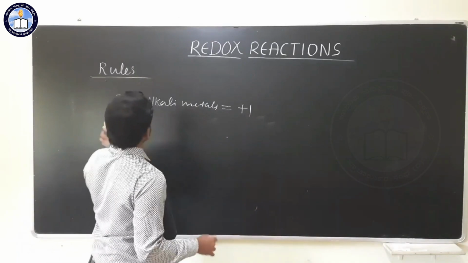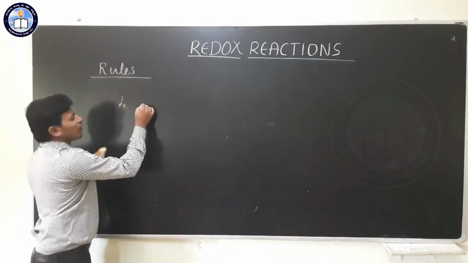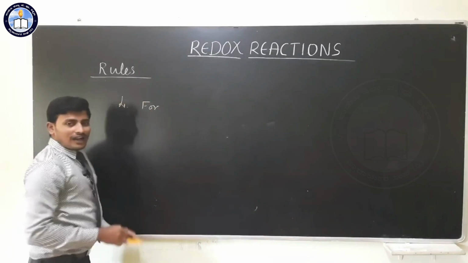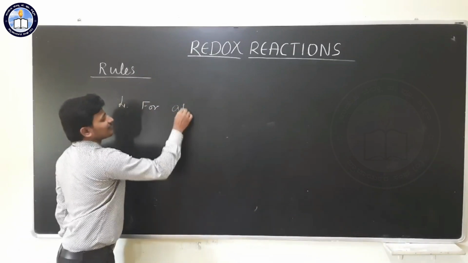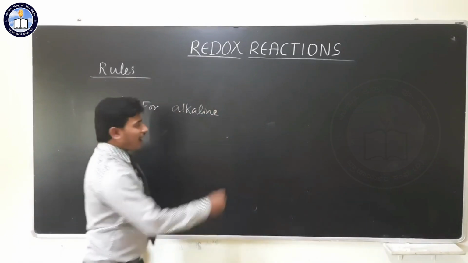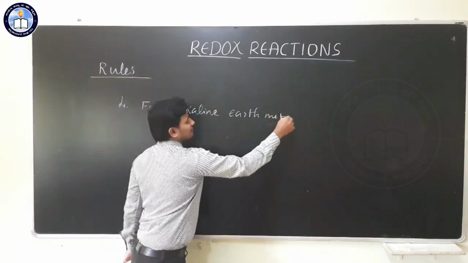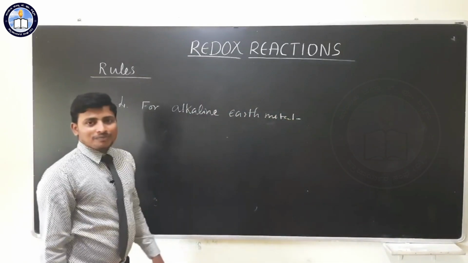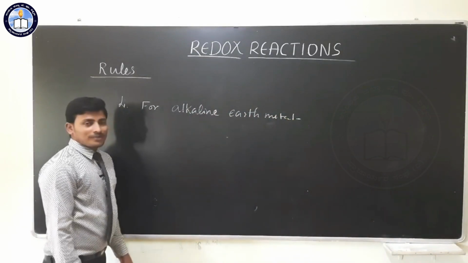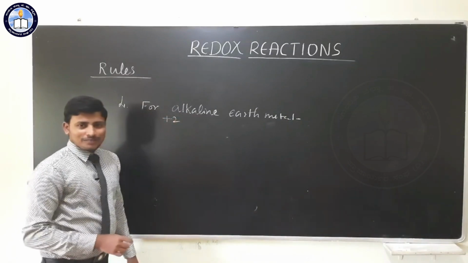The fourth one is for alkaline earth metals. Their oxidation number is taken as +2. What is the meaning of alkaline earth metals?